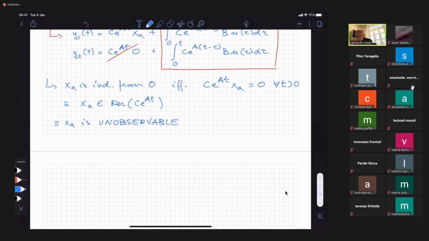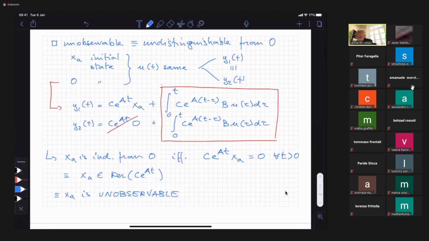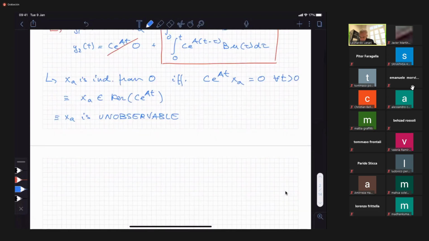Okay, so now the concept of unobservable state is hopefully a little bit more clear, but how can we say if a state XA is unobservable or not? Since this is really not part, let's say, of the program, I'm adding this information just to hopefully make everything clear.